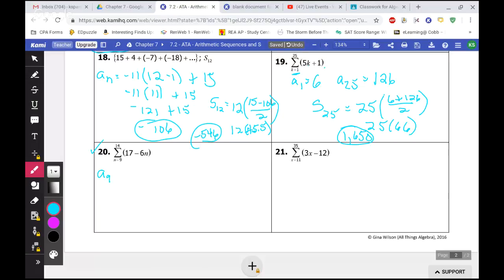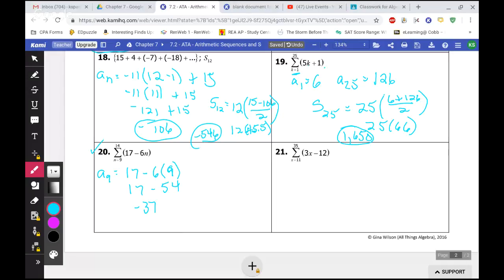A sub 9 is 17 minus 6 times 9. 17 minus 54 is negative 37.